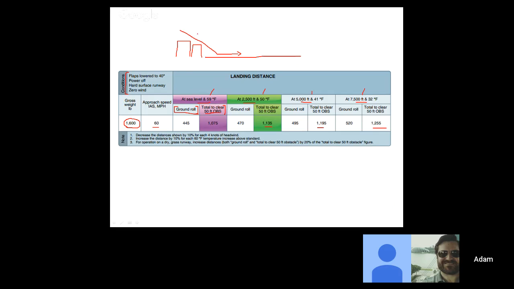That 1,075 is this distance all the way to stopping the aircraft. Whereas the 445 is the ground roll, assuming no obstacles, from the point you hit the pavement to when you stop. You can see that clearing obstacles really adds a lot of distance to your landing distance.